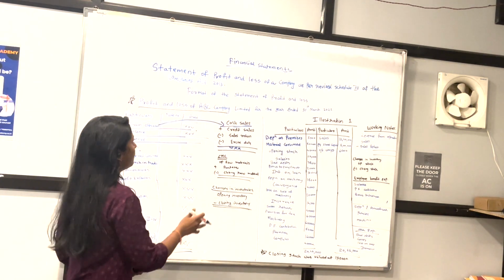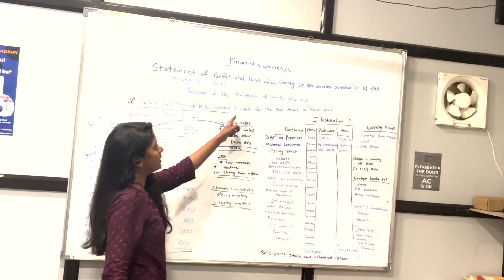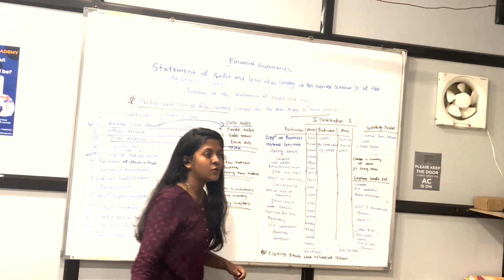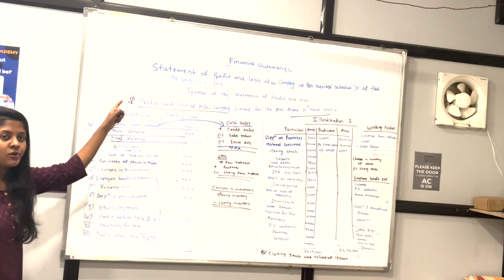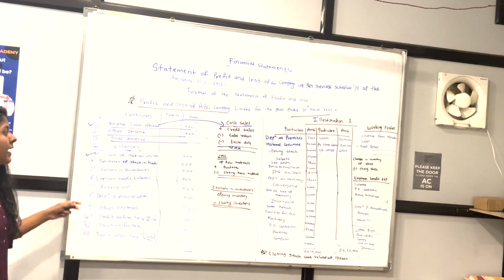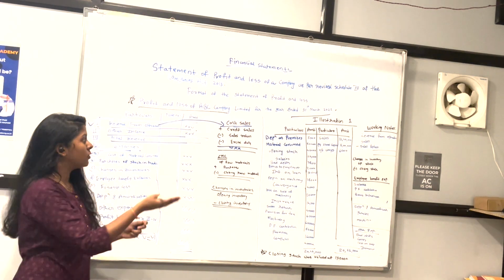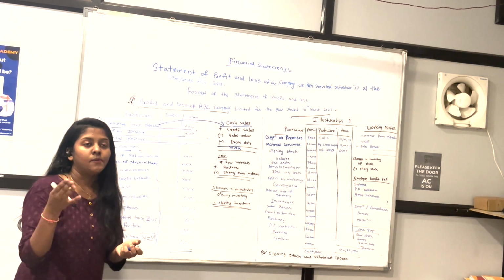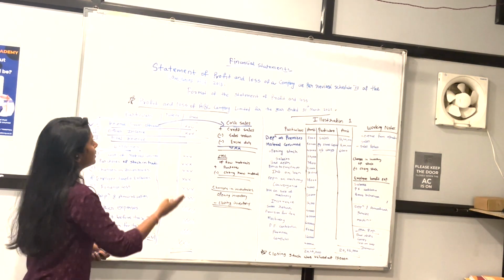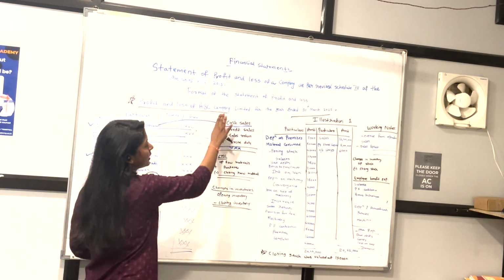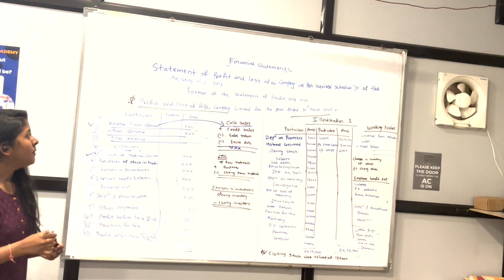Profit and loss of ABC Company Limited for the year ended 31st March 2022. This heading is very important whenever you are preparing any company's accounts, whether you are preparing a balance sheet, profit and loss, or whatever it is, you have to put this heading compulsorily. This carries a lot of marks.